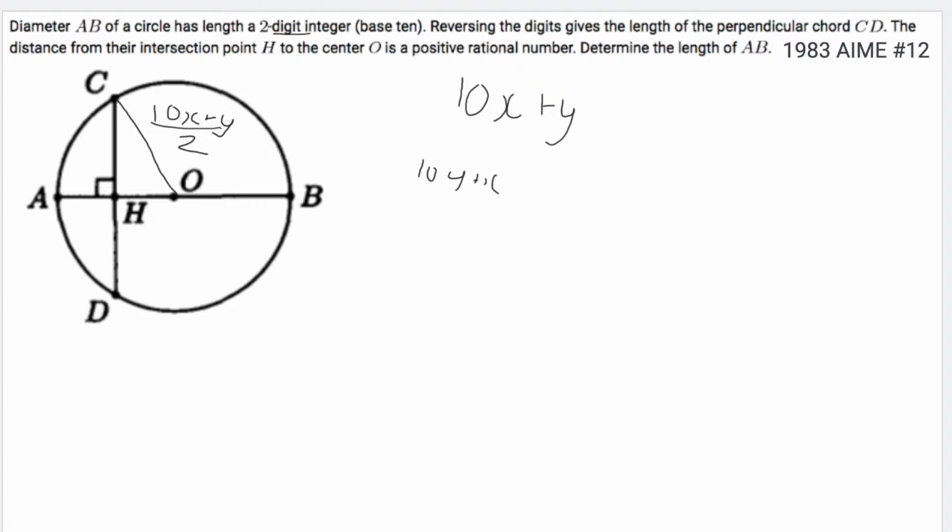That's how we get 10y plus x over 2. And from here you have to use the Pythagorean theorem. There's a lot of computation, and at the end you'll get to something like this.